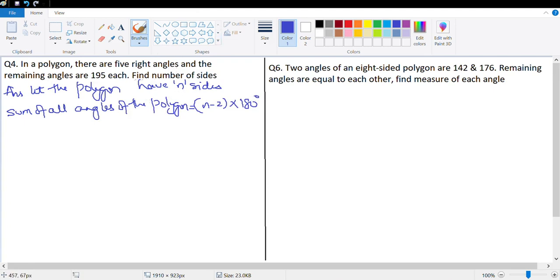It says there are 5 right angles, so (n minus 2) into 180 degrees will be equal to 5 into 90 degrees plus the remaining angles, which are 195 degrees each. How many angles are remaining? If there are n sides, out of which 5 have been taken here, the number of angles remaining is n minus 5.